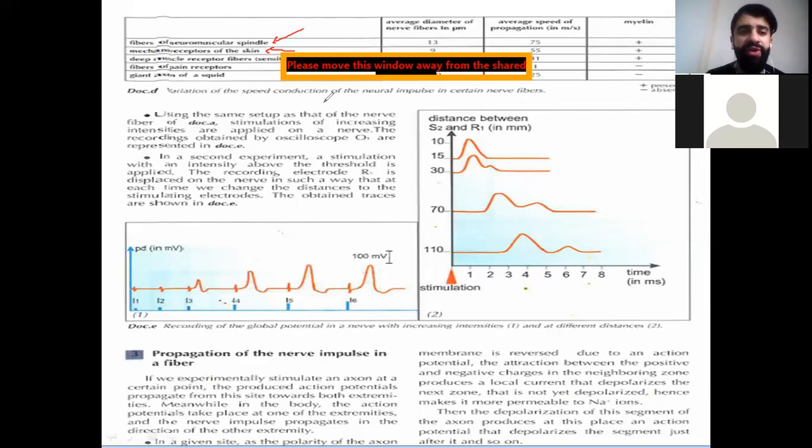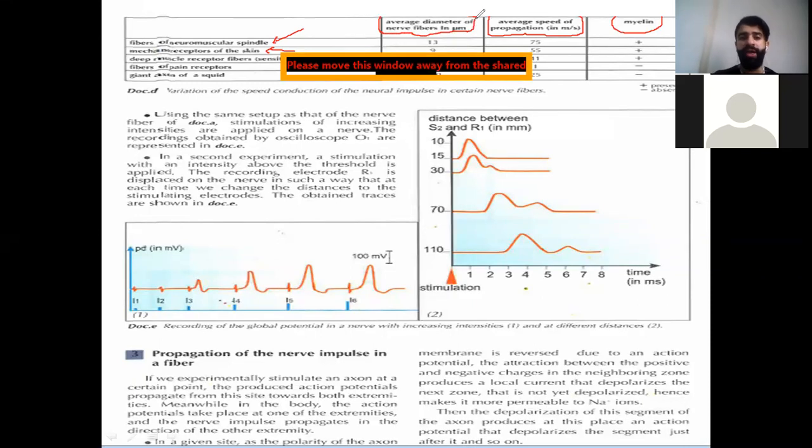And we have the giant axon of the squid. Let's see what will happen to the speed if we have myelin and if we don't. Plus means presence, minus means absence. Here they are giving the average speed of propagation of the nerve message in meters per second, and the average diameter of the nerve fibers in micrometers.